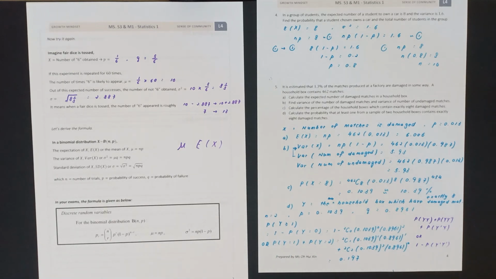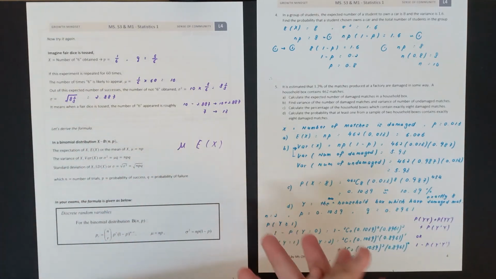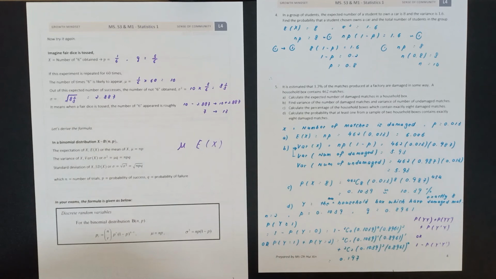Do not try to memorize that this is binomial and this is normal and so on. Just understand everything so you are able to understand what the question wants and what approach you can take. It's definitely not just one approach. You can use several different methods to get the answer. Okay, I hope you can understand everything.